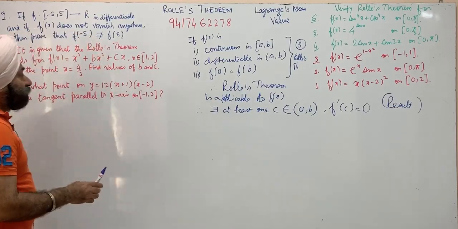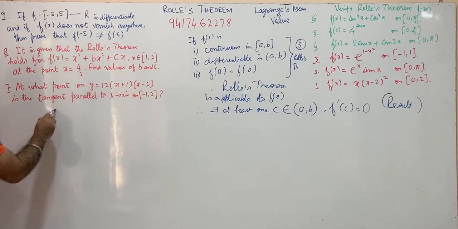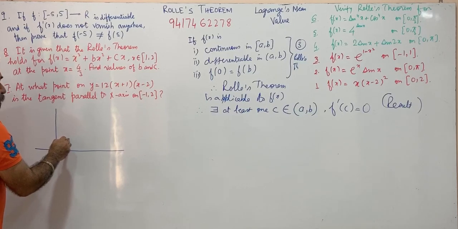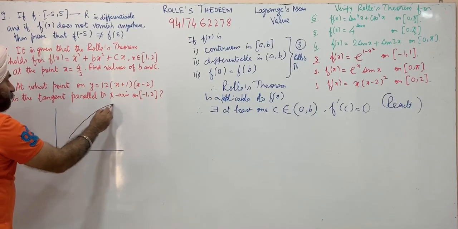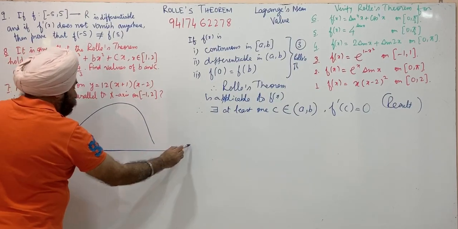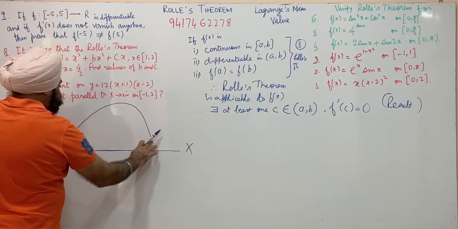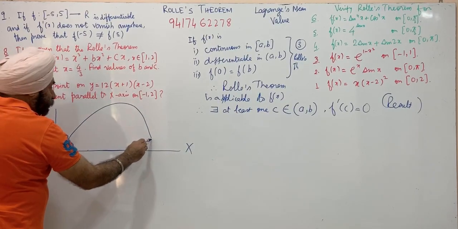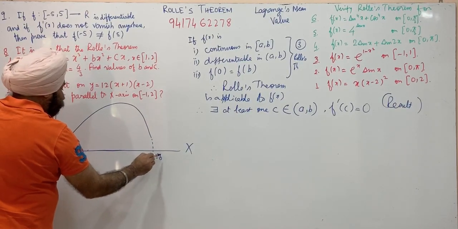Let us understand this theorem. Let us consider the graph of a function which is continuous and differentiable. Let us say this is the function, this is the x axis, this is x equal to a, and this is x equal to b.